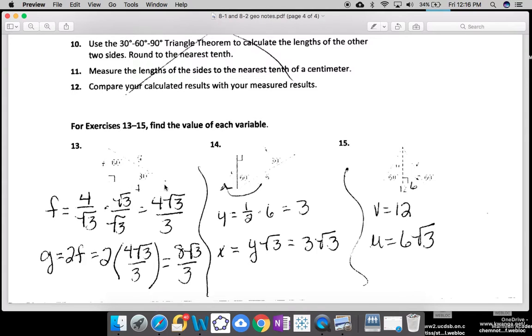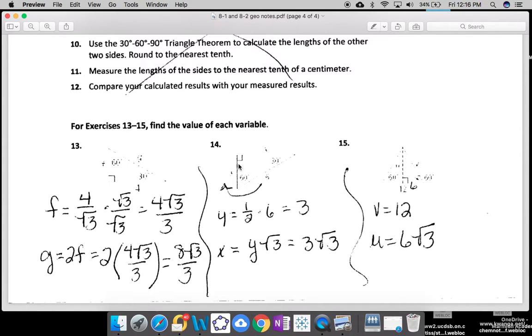I'm going from long side here to short side. So my F is 4 divided by square root of 3. Rationalized, that's 4 square root of 3 over 3. And then my hypotenuse, or g in this case, is twice f. 2 times 4 square root of 3 over 3, or 8 square root of 3 over 3.